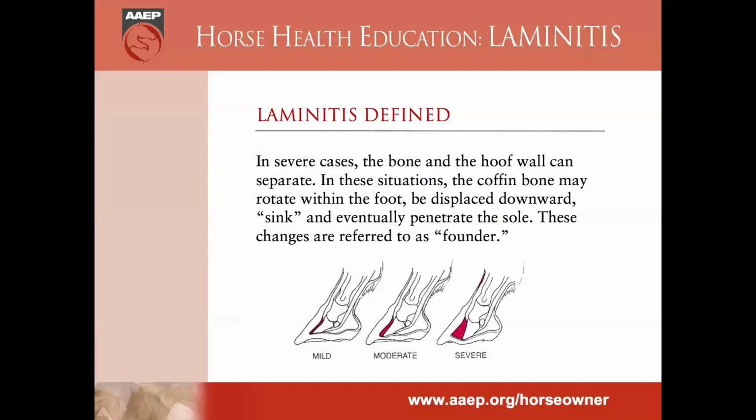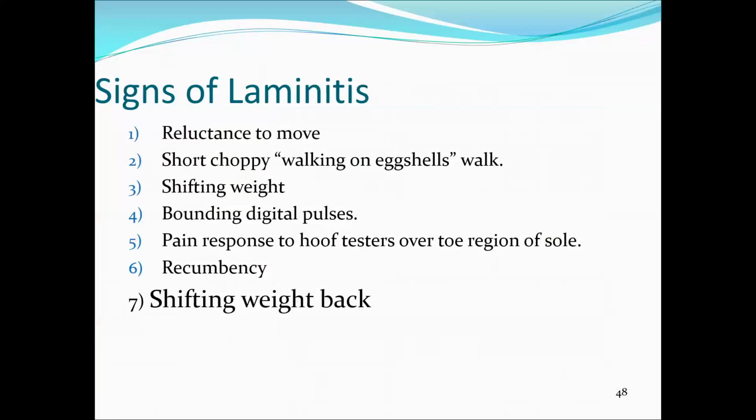All right. So we can certainly have mild, moderate, and severe cases. They all can be extremely painful. And our x-rays are going to help us decide how long this has been going on for, how severe it is. All right. You guys have all talked about what a laminitic horse looks like. You know, our biggest thing is that they're shifting their weight backwards. They're painful.